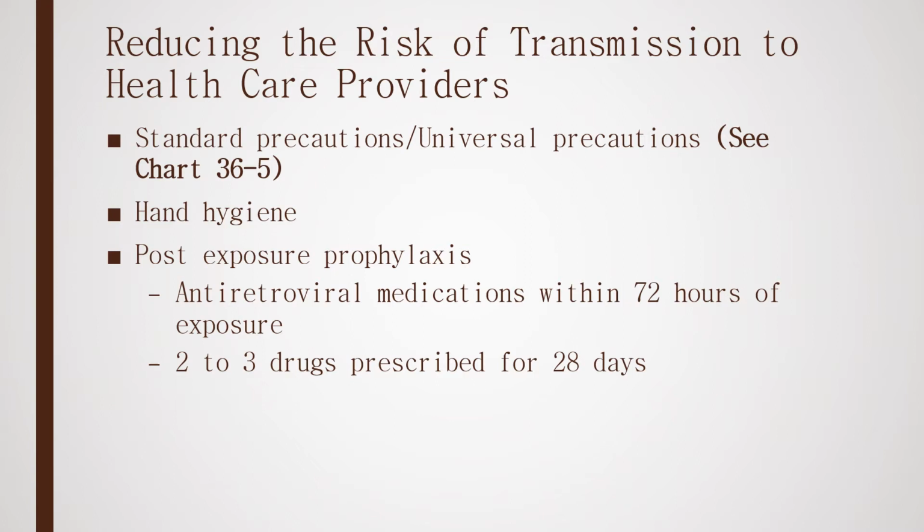So hand hygiene is important, and post-exposure prophylaxis is very important. I'm going to talk a little bit about post-exposure prophylaxis because you might, as a student nurse, want to know: if I get infected, what should I do?